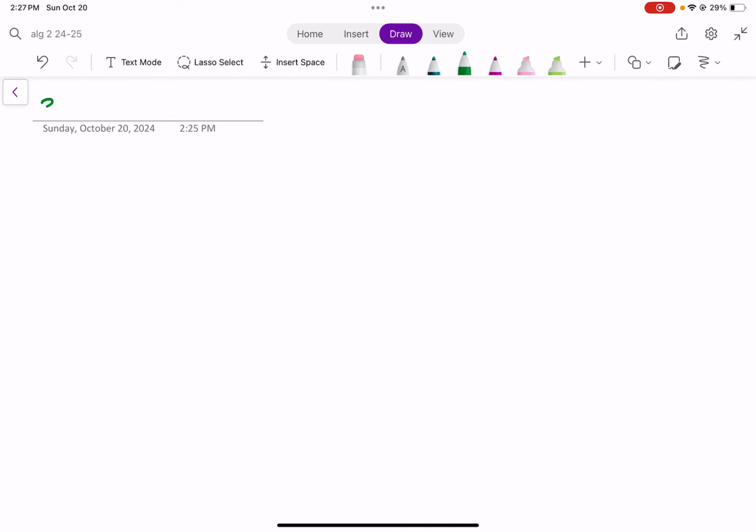Okay, so this is 3.4 parallel and perpendicular lines. So you have now learned how to write equations of lines.